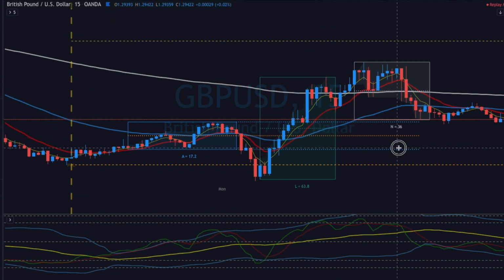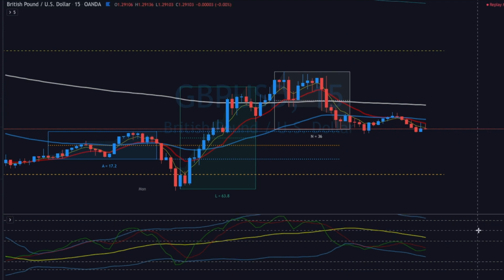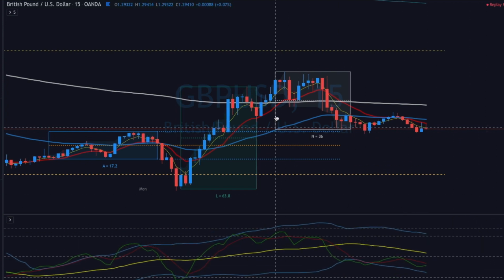New York session reversal, right? You get type 1M coming back down. What does it look like on the TDI? Well, this is the first leg here. Second leg, look what's happening on the TDI. It's going down. You see that?